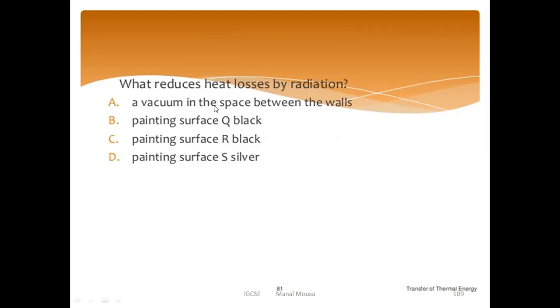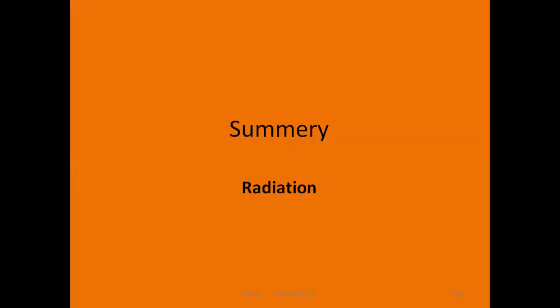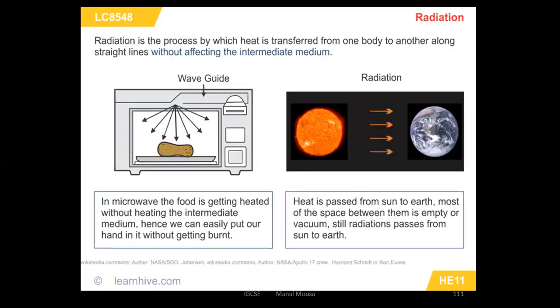A vacuum in the space between the walls, painting surface Q black, painting surface R black, painting surface S silver. Which one will reduce the radiation? Send me your answer.